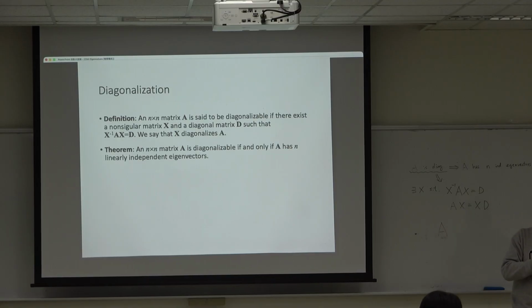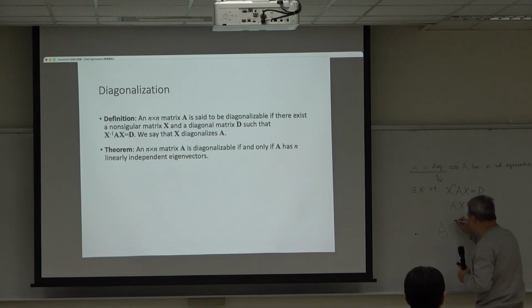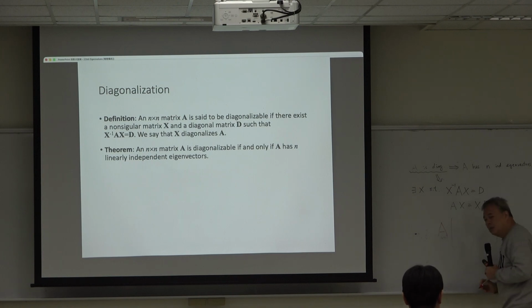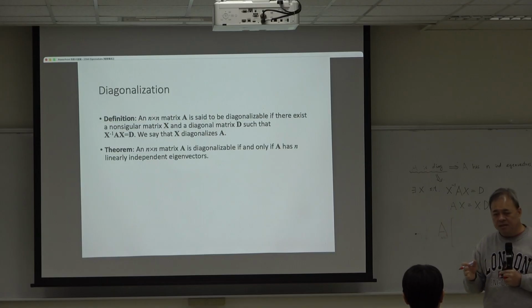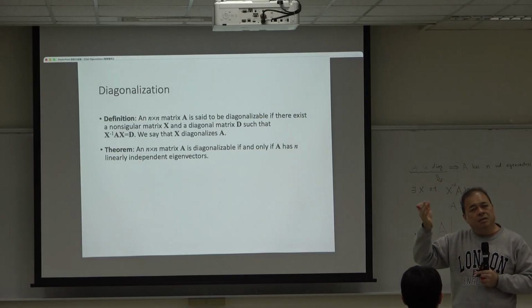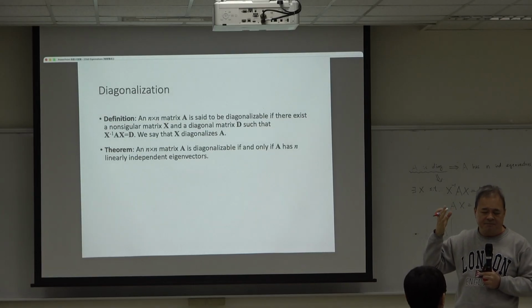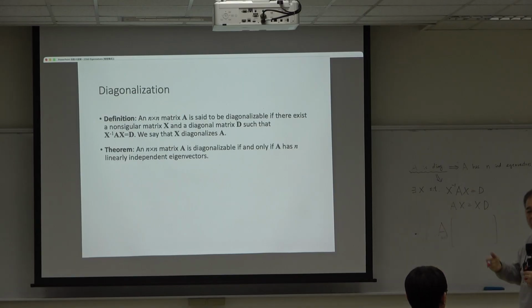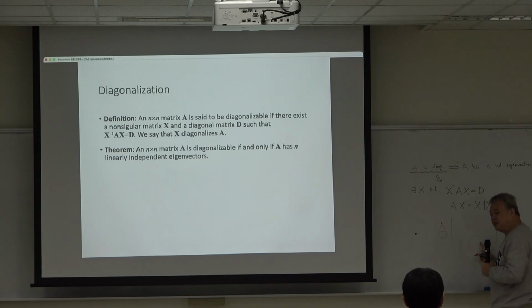We know that. Let's consider this X by its columns. Obviously X is formed by some column vectors, right? Let's call these the columns of X.